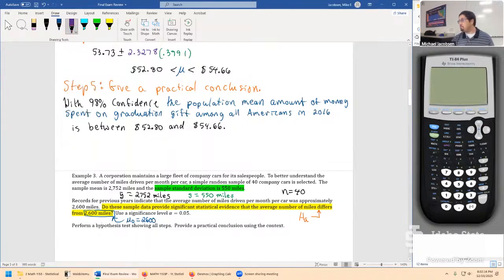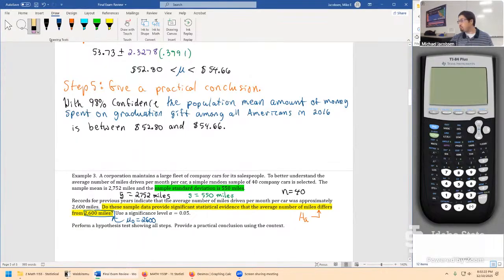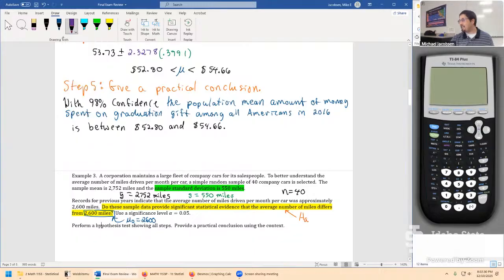Well, we need to determine what kind of test this is. Has anyone spotted if it's left, right, or two-tailed? Good call. This is absolutely a two-tailed test. It almost feels like it should be left tail, right? Because the sample's higher, the question's less, but good eye. If they say just strictly differs from, that's the two-tailed test indicator.